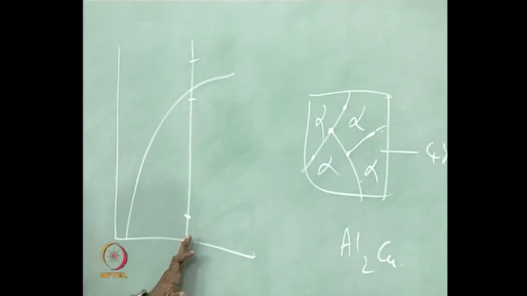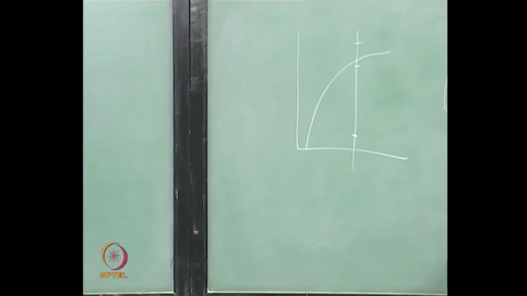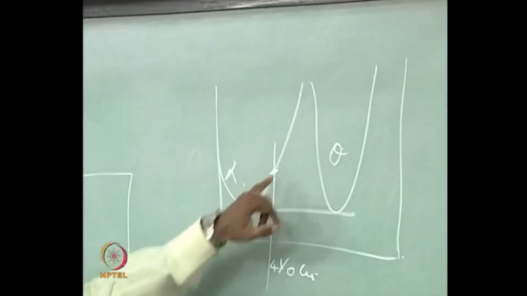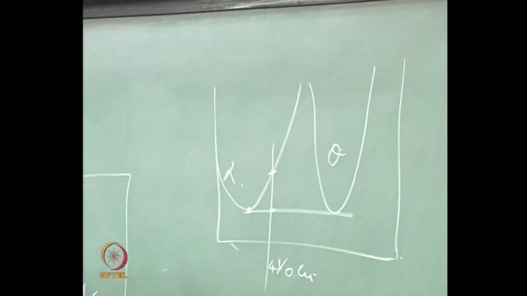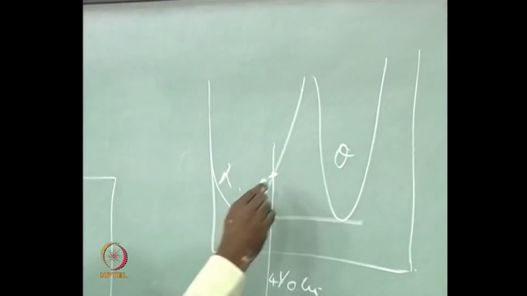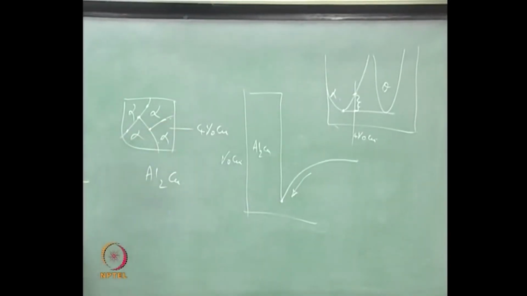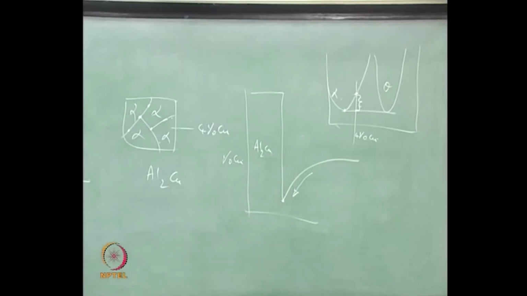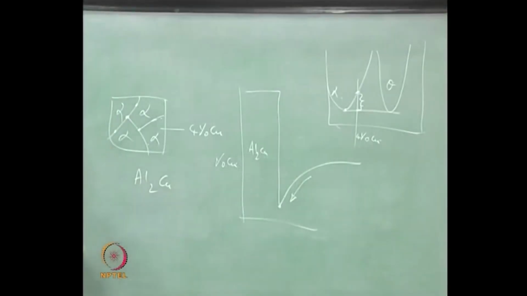The supersaturated alpha is not stable because it has a free energy of this, which is a much higher free energy than this, which is a two phase mixture. So, it wants to precipitate out, then it sees that such a precipitation at the grain boundary is difficult, then it starts looking for other ways of nucleation. Then you see that the only way of nucleation is nucleating within the grain.